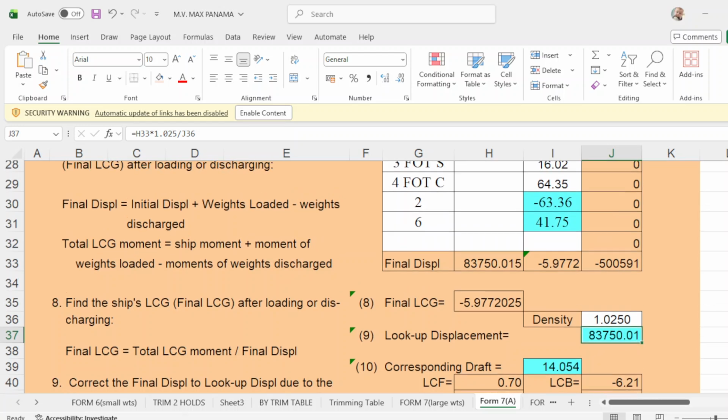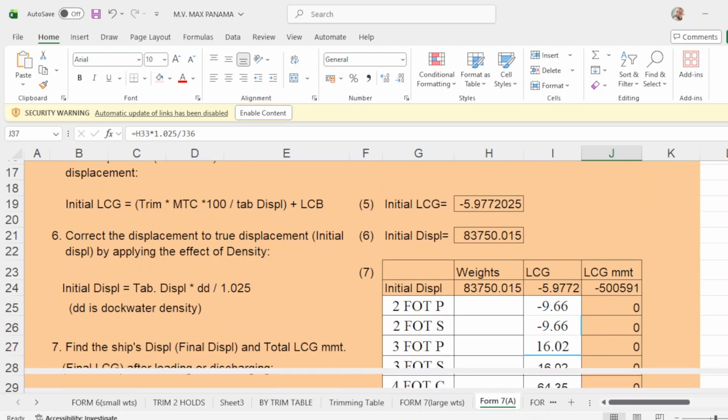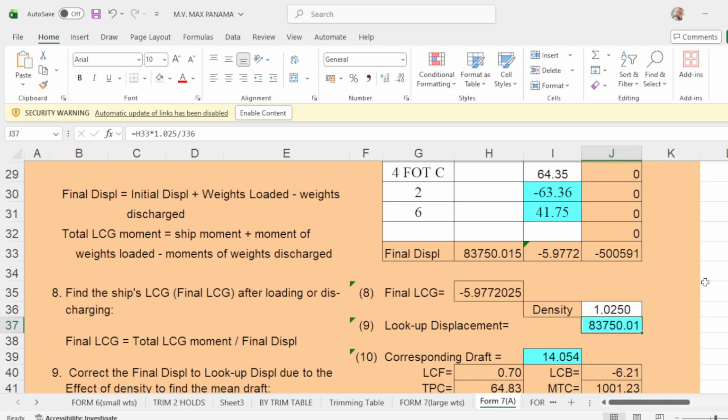Take note, guys, that when she was floating in 1.010, her mean draft is 14.25. But when she floats in 1.025, her draft is 14.05.